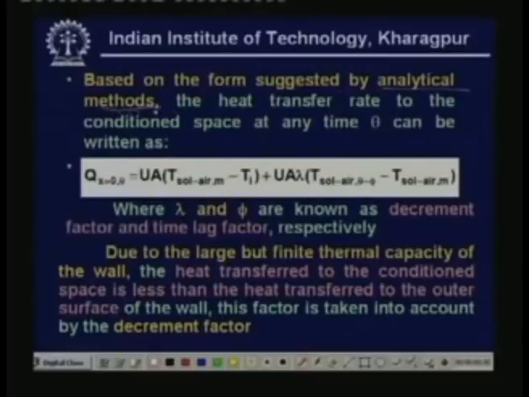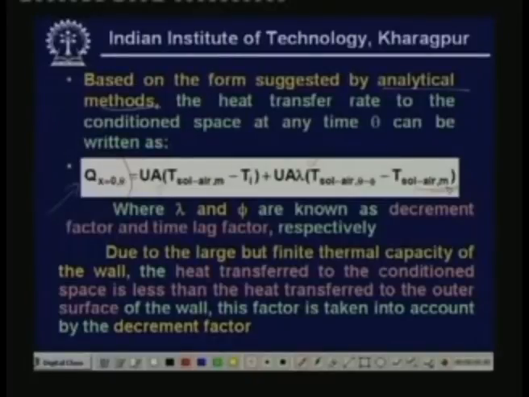By the analytical method, you can write at any time the heat transfer rate to the conditioned space, that is Q at x is equal to 0 and theta, which is equal to UA, where U is the overall heat transfer coefficient of the wall and A is the surface area of the wall, multiplied by (T sol air subscript m minus Ti), plus UA into lambda into (T sol air at theta minus phi, minus T sol air subscript m).